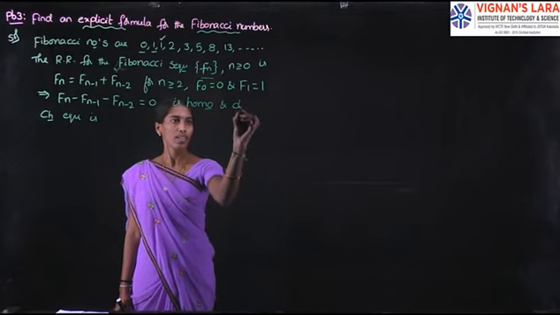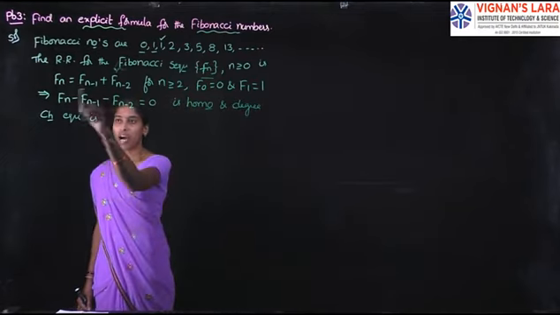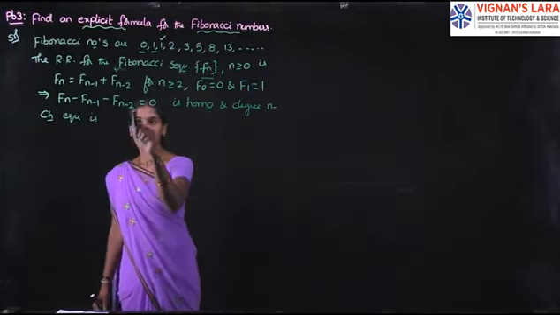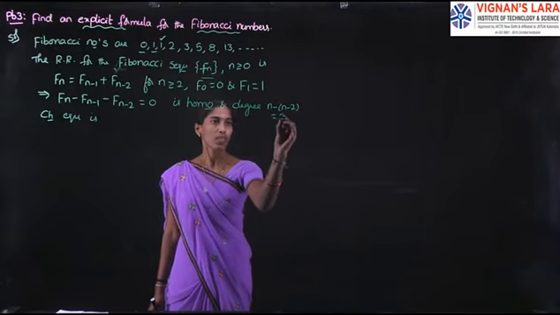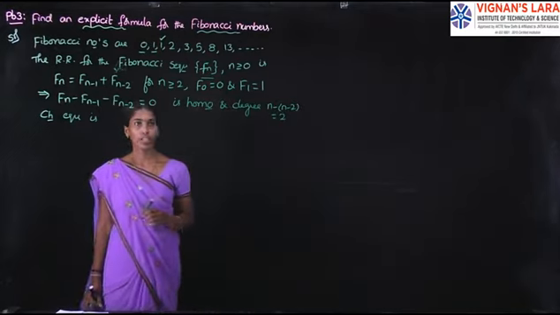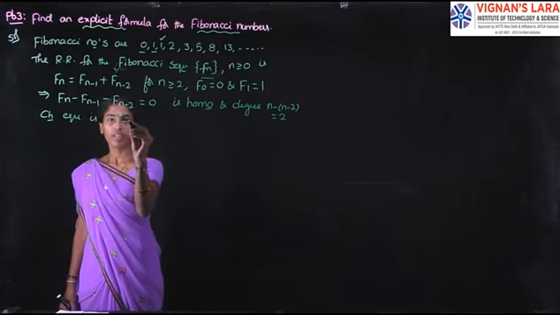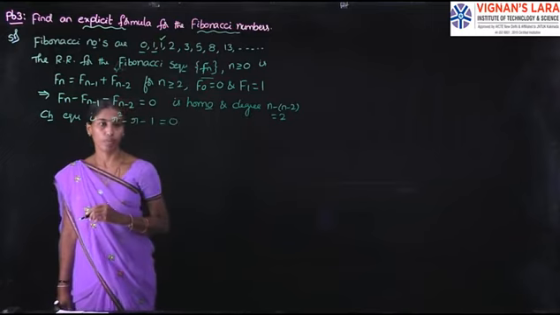And what is its degree? The degree of the recurrence relation is the highest suffix term n minus the lowest suffix term n minus 2, which is equal to 2, right? So the characteristic equation is r square minus r minus 1 is equal to 0.